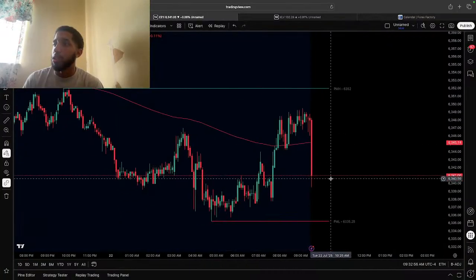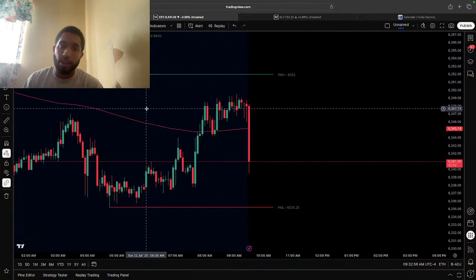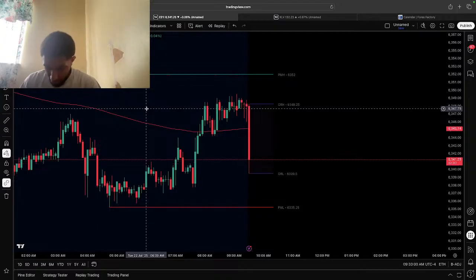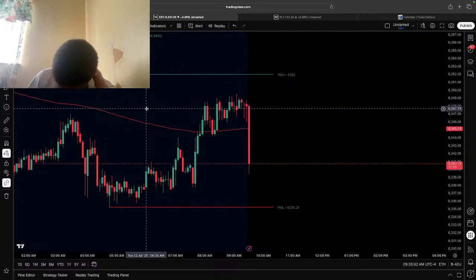I'll put this right here so I can see my levels more clearly. That's the 5 minute, and I'm executing on TopStep X. I'm trying to pull something up on my phone.